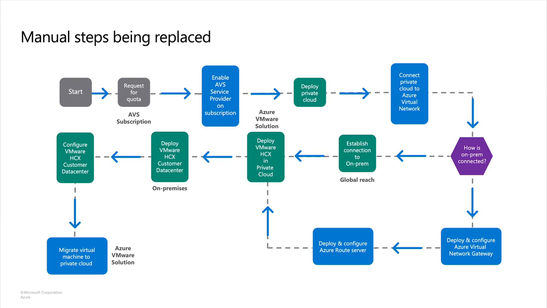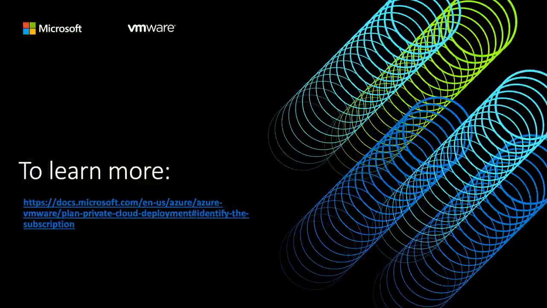So what this tool will do for you is take you from absolutely nothing in terms of Azure VMware Solution and bring you all the way through to where you can begin to migrate your workloads. One thing to add here is you still have to have the AVS subscription in place before you get started. That's the one thing the script will not do for you.